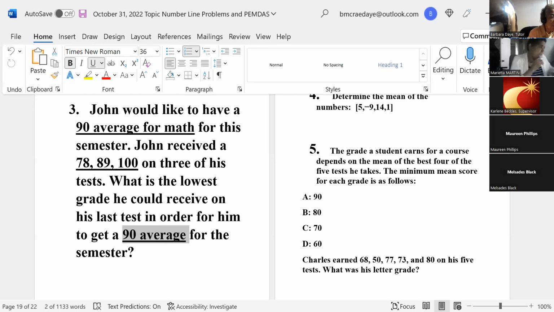What is the lowest grade he could receive on his last test in order for him to get a 90%?